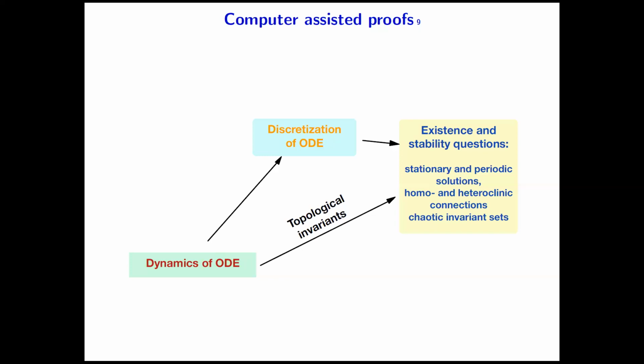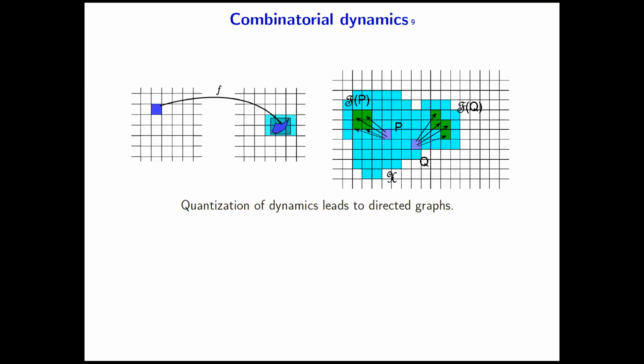The discretization of the differential equation turned out to be useful to build so-called computer-assisted proofs, which let you find the Conley index with the help of the computer. What was difficult manually, analytically constructing an isolating block, the computer could construct for you, and from that find the index, and still it turned out that you can make use of it. So already in these proofs, you see the taste of combinatorial dynamics.